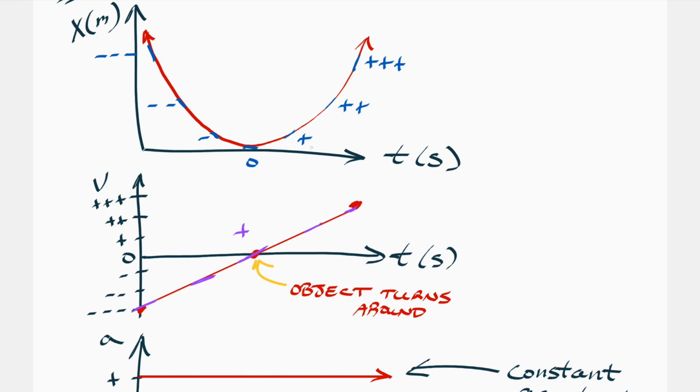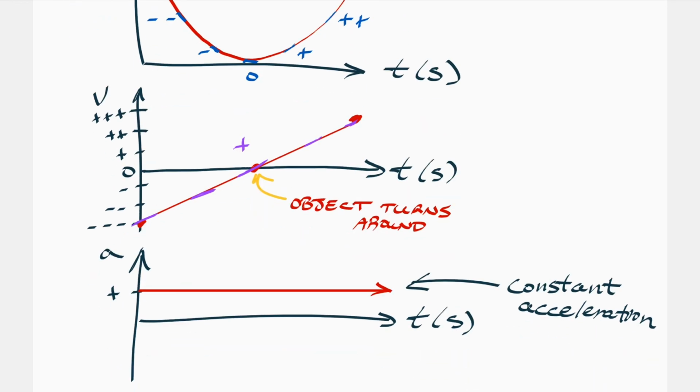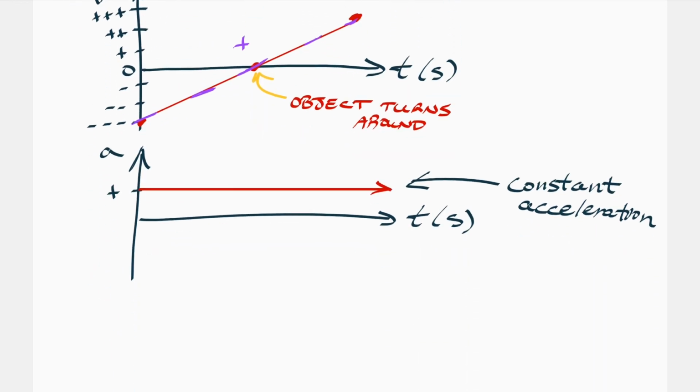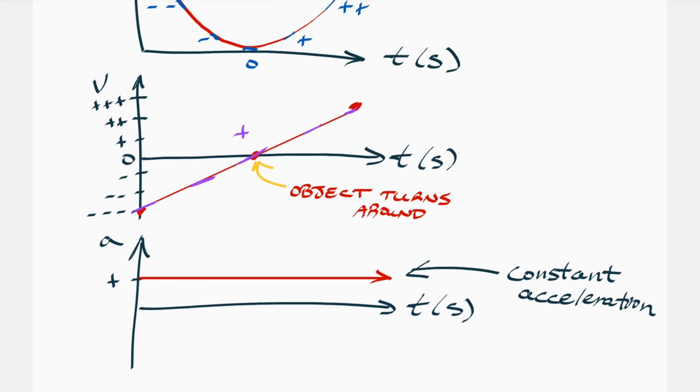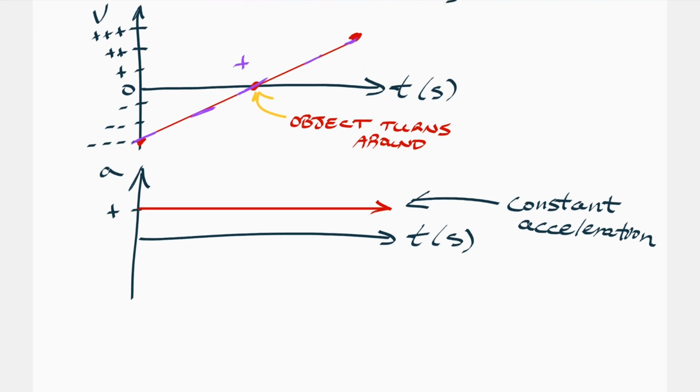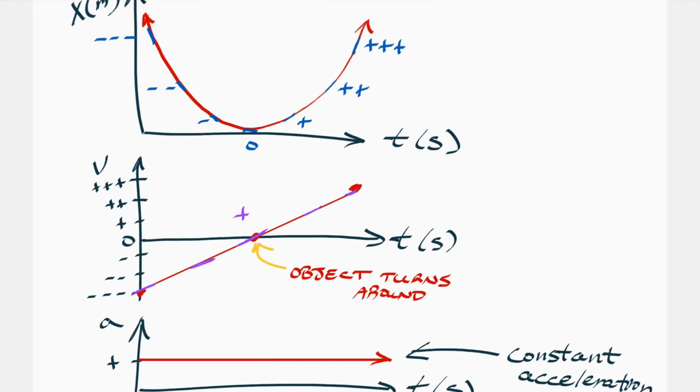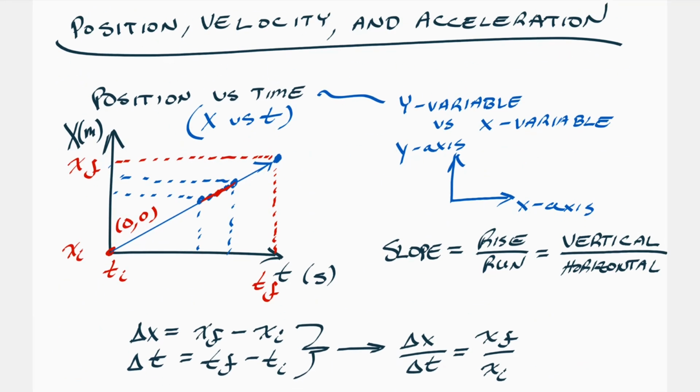Because I didn't plug in any numbers. I just analyzed this qualitatively, and it was discovered that this is constant acceleration motion just by taking the slope of one graph to the next. Okay, and so that example really just concludes this look at position, velocity, and acceleration versus time graphs.